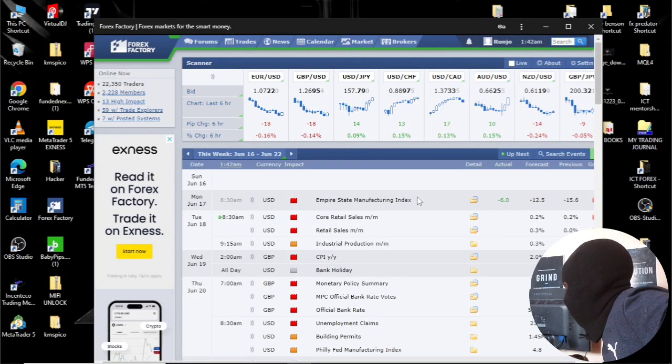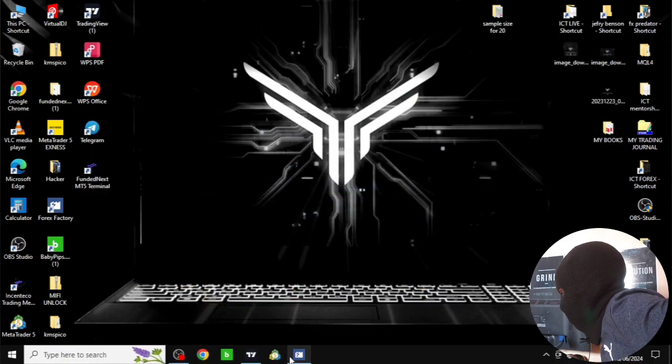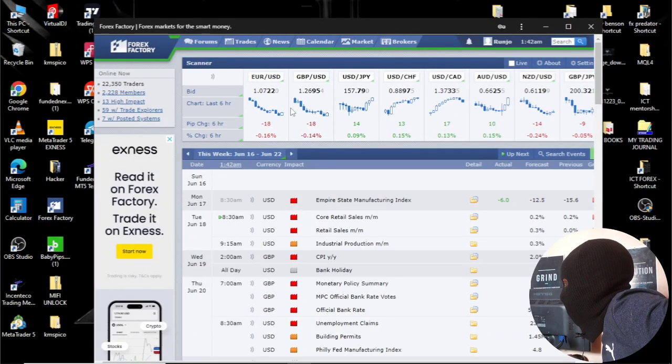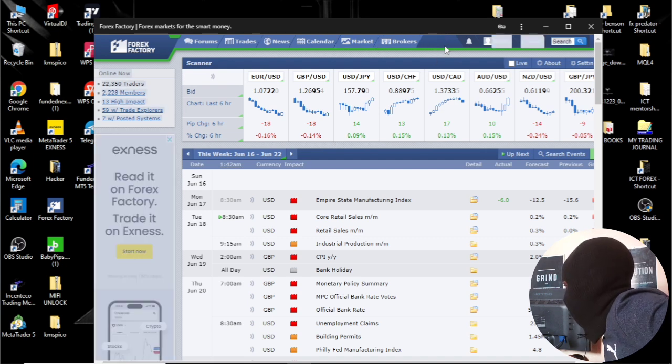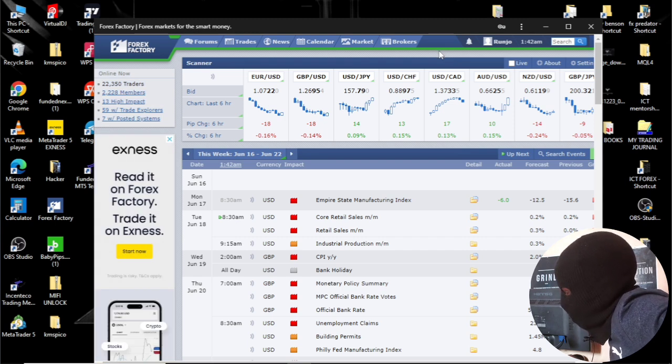So first things first, what I always do first is I go to my economic calendar and I use Forex Factory to find whether we have some high impact or intermediate impact news for the day. As we can see, today is a Tuesday.